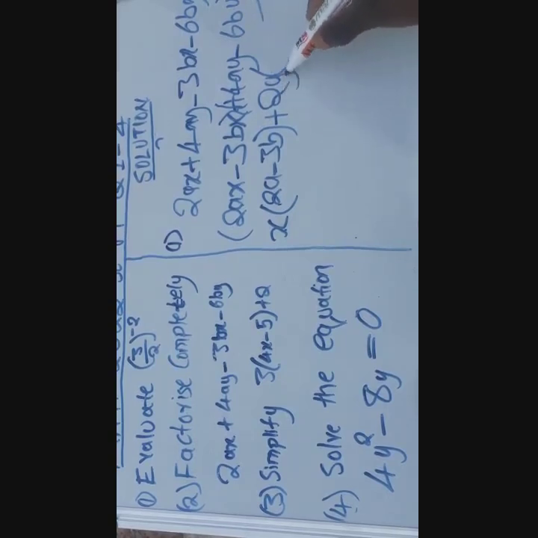Then we are going to say 2y into positive 4ay. So we are going to say 2 into 4, it is 2. Then this y is going to cancel with this y, meaning we are going to remain with a here.